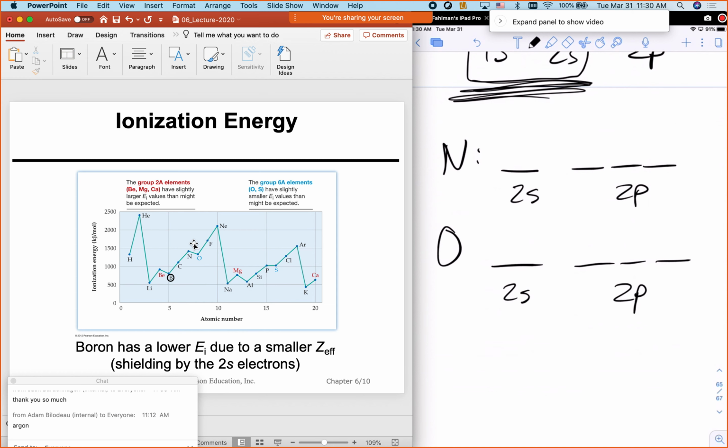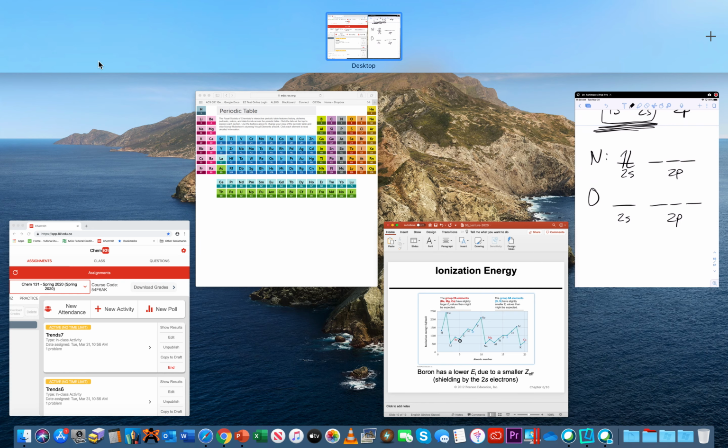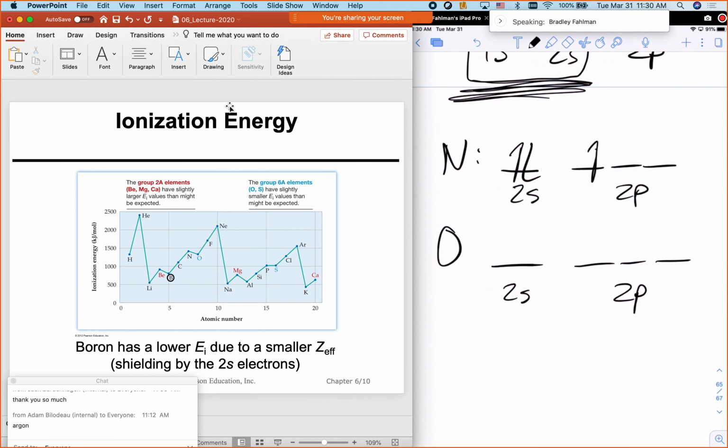Nitrogen has, nitrogen is 3, right? That, and then oxygen 4. So these are the configurations for just the neutral atoms.